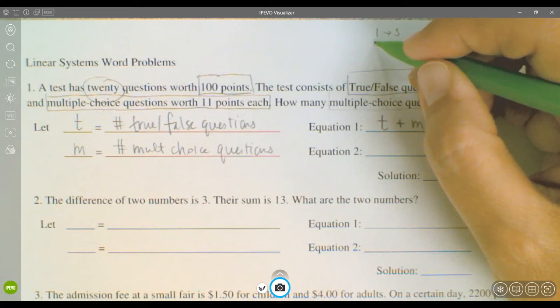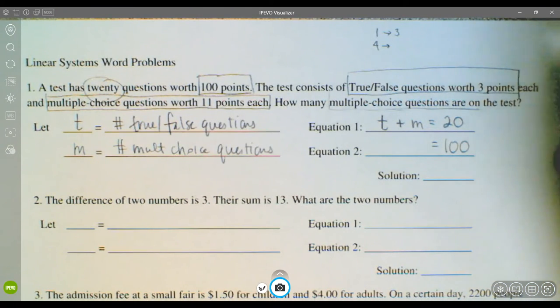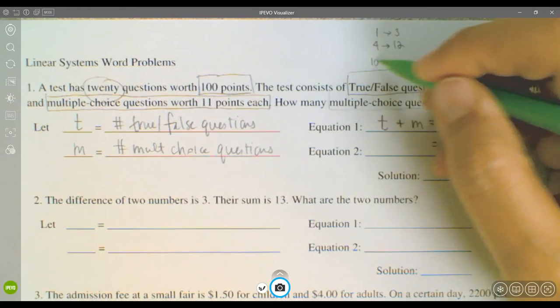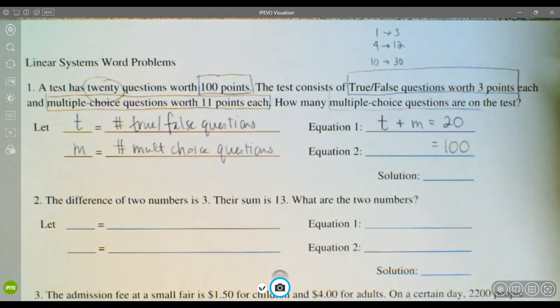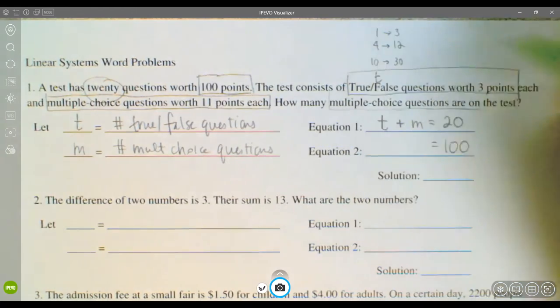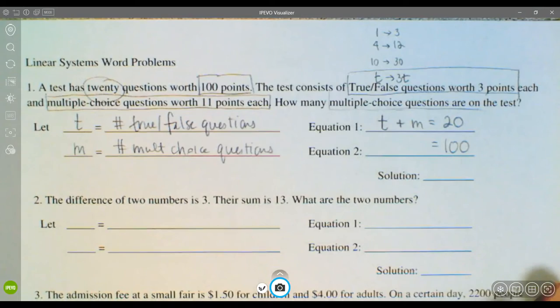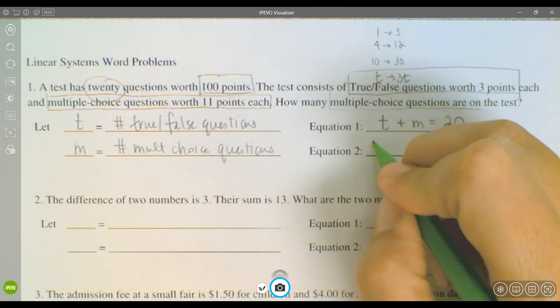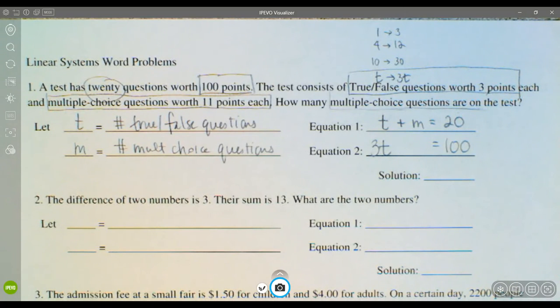If I have four true false questions worth 3 points each, how many points will I earn? 12. 10 true falses, well, that makes 30. How am I getting that number? Well, if I have T true false questions, I'm multiplying by 3. So that means the points I earn from true false equals 3T.